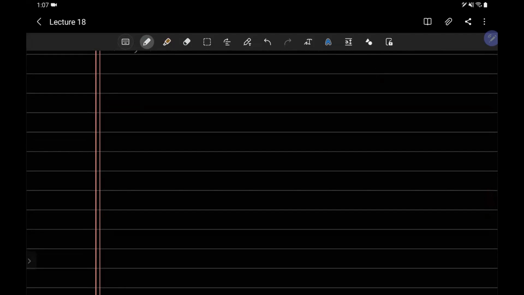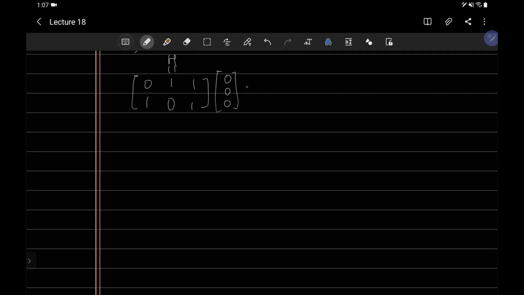So let me consider a simple parity check matrix, something like this one, and let me call this H, which represents the parity check matrix.